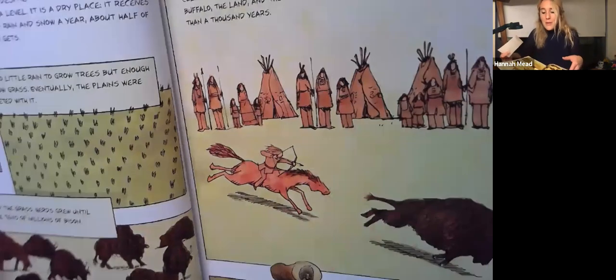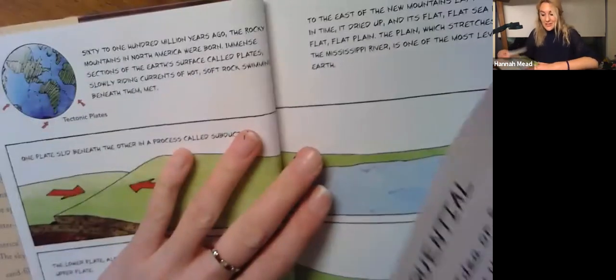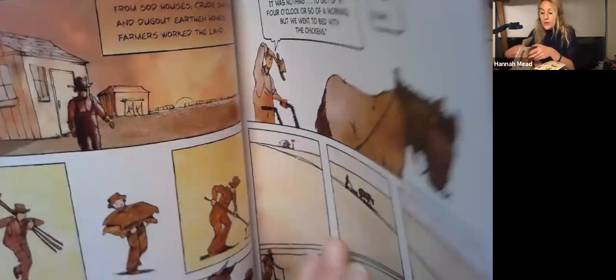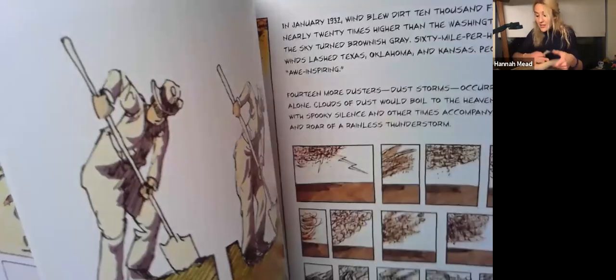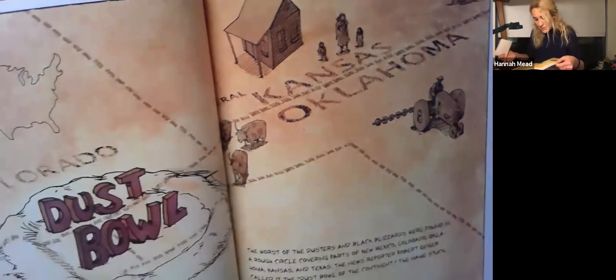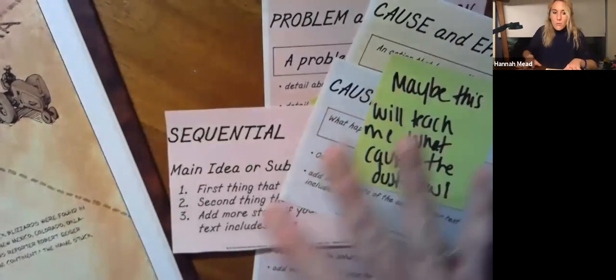It went all the way back to prehistoric, has tectonic plates before there was any humans living here, to early America, to World War One, and now to the 1930s. So I also have this text structure. So I have three at play. Wow.